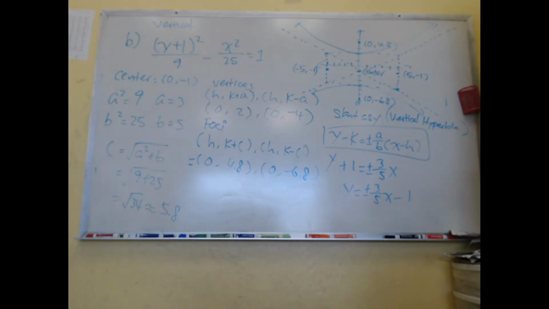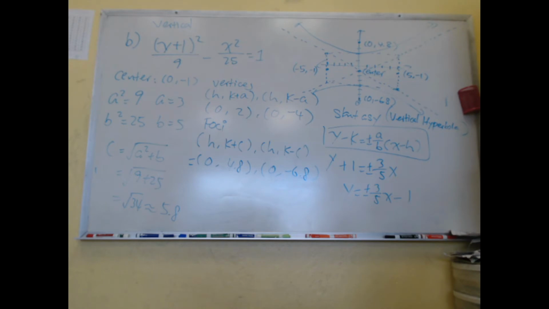So what do you think the eccentricity is? Would that be less than 1? Greater than 1? Because we do know that for an ellipse, eccentricity is always less than 1, right? It's just the ratio of the roundness of the circular figure. What do you think about this? Should be greater than 1, right? Yeah, greater than 1. So the way to find eccentricity for this one, let's see.